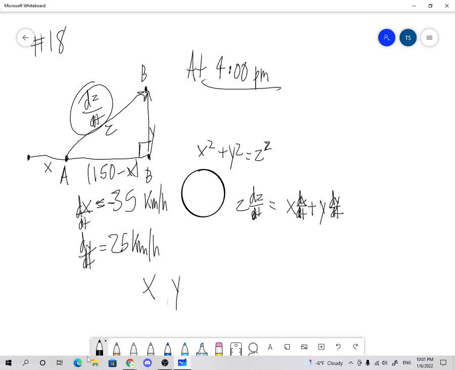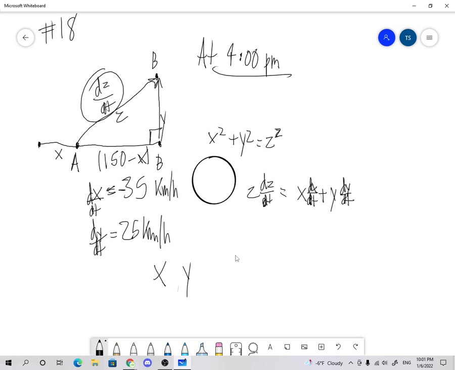But you may be thinking to yourself, Tomas, how am I going to solve for x and y? Well, like I said before, we're going to use these rates. We know rates, which is to say 35 kilometers per hour. So if we know it's an hour after 12, then we know how much distance they've supposedly traveled during that time.